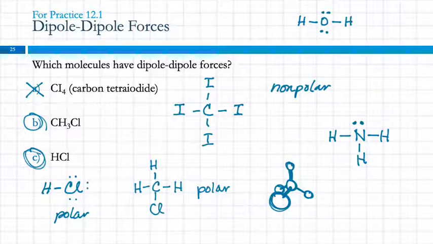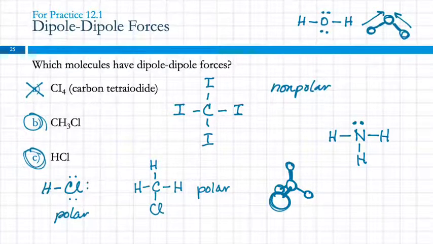Those 2 lone pairs cause the molecular geometry of water to be bent. And so then we've got these vectors that do not exactly oppose each other because they're bent. So water's polar. Any questions? Other questions?